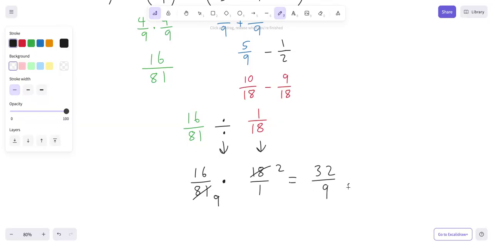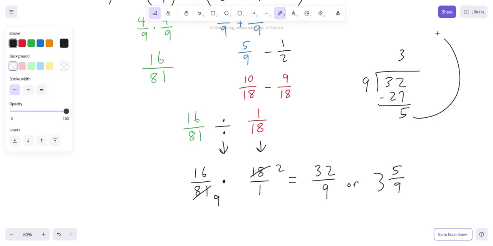So I can keep it like that, or I can change it to a mixed number. 9 goes into 32 3 times, that's 27, with the remainder of 5. So it's 3 and 5 ninths, right? Because the 5 is the new numerator, and the divisor is the denominator.